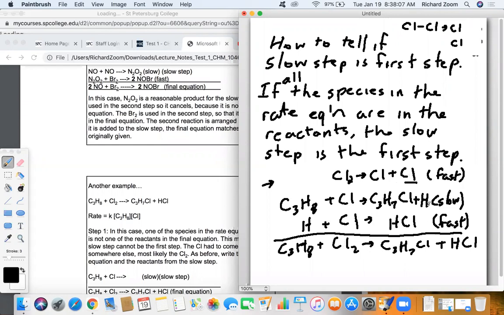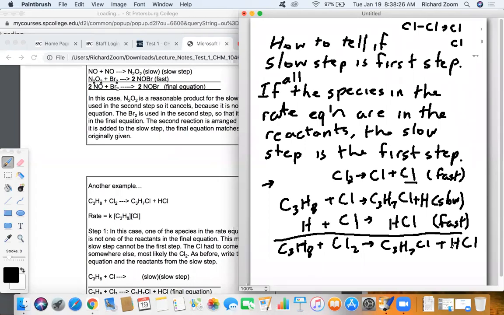So you might be asking, well, how do I know the H goes down here? Well, it's not a reactant or a product, so it must be used up in the next step. And you'll notice we had to take account of the second Cl we formed in the first step as well. So that gets used up in the third step.